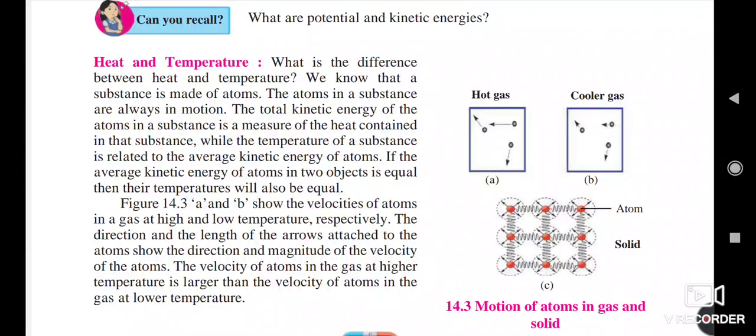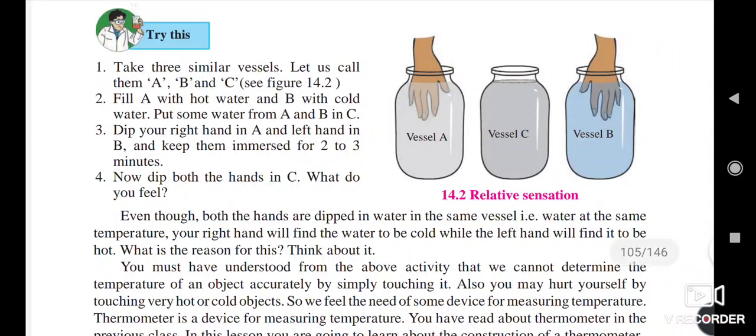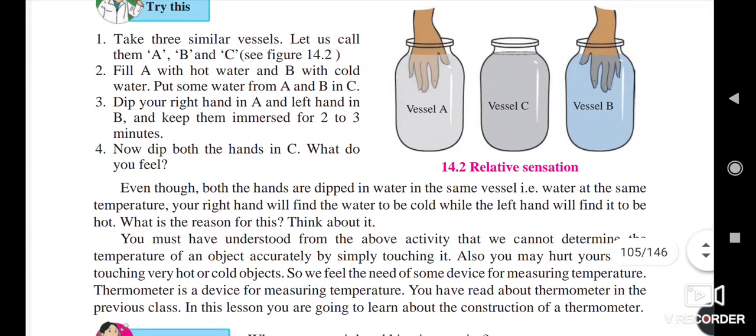Okay, as we saw, here we have vessels containing water, that is A, B and C. A is filled with hot water, B is filled with cold water, and in vessel C we add water from vessels A and B. As we experience, while putting our hand into vessel A, we feel very hot.